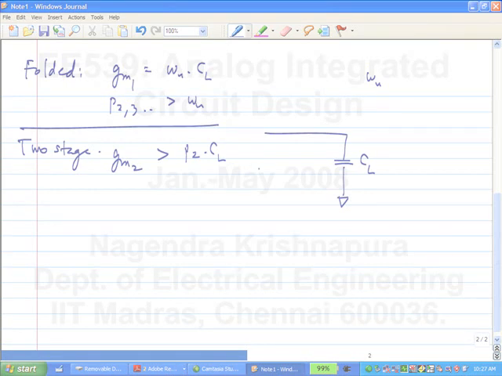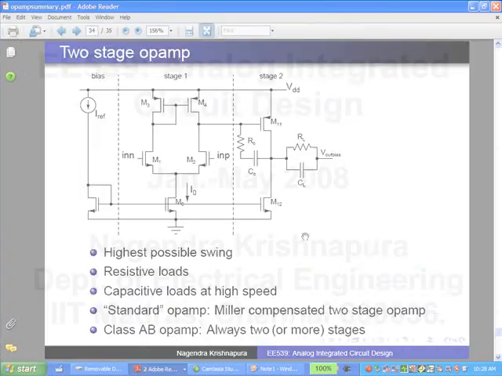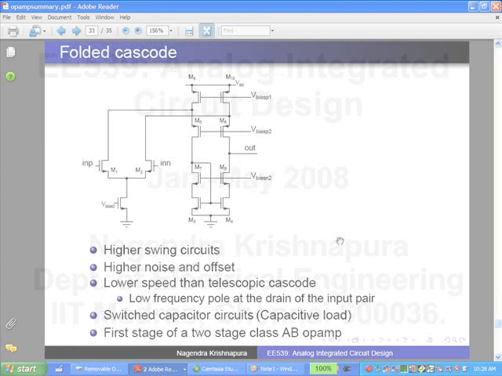So I want the second stage GM to be more than this. Okay. Now what you have to do in a folded cascode, for a folded cascode op-amp to work properly, you have to use the same current here as in the second stage.